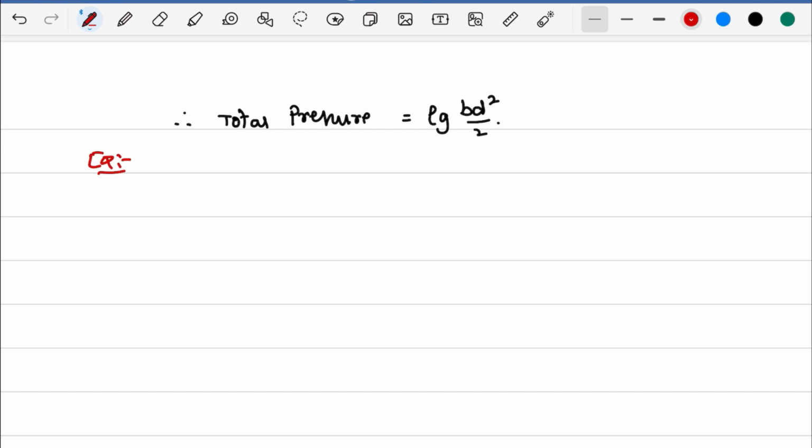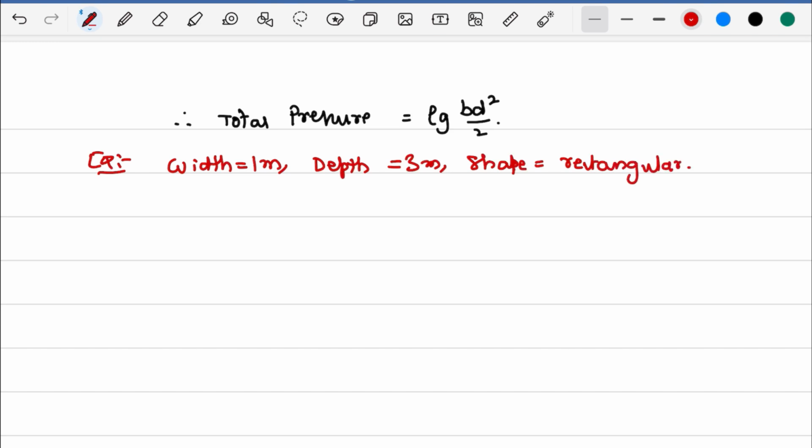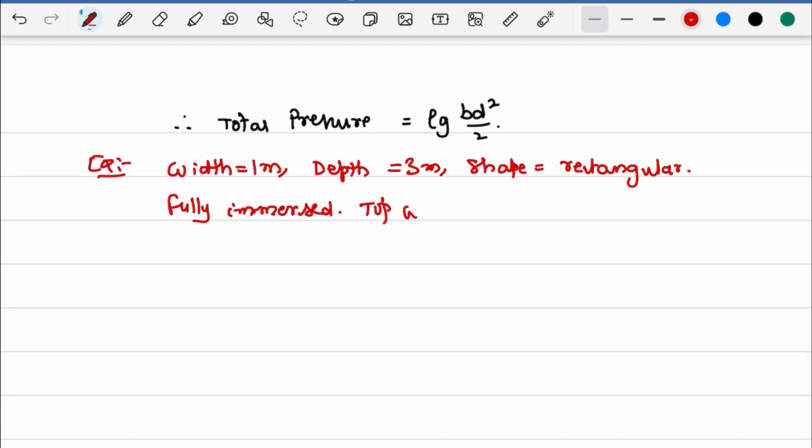Let us say width is equal to 1 meter, depth is equal to 3 meters, shape is rectangular, fully immersed, and the top water surface and the plane surface, that is the object plane surface, coincide with each other.